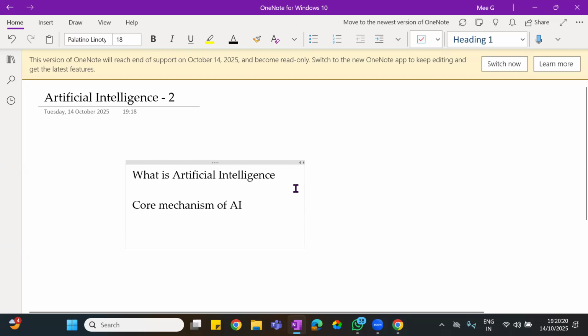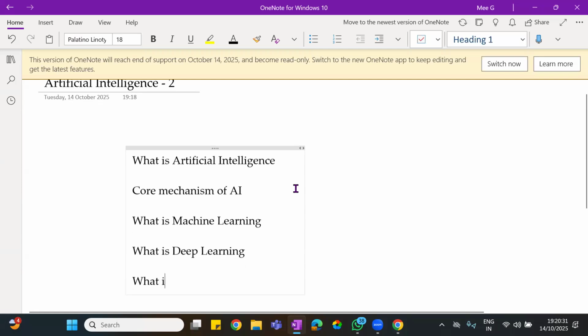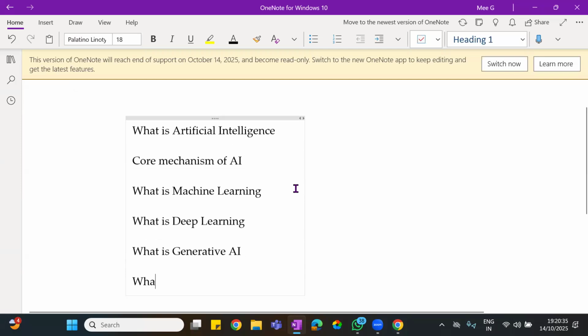Okay, we are going to see what is machine learning, what is deep learning, what is generative AI, what is agentic AI. Now, all these things we can't complete in one class, but I'm saying how we are going to proceed further.